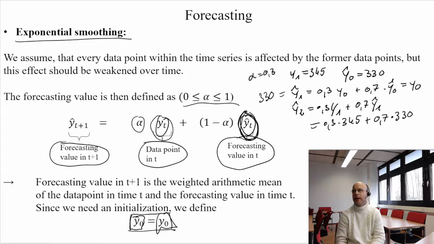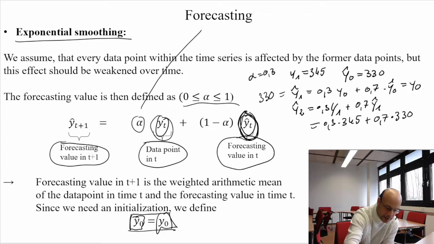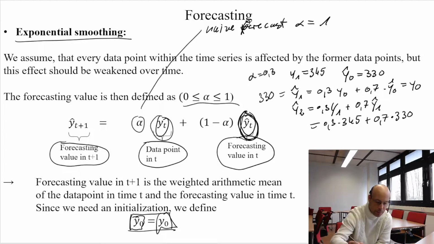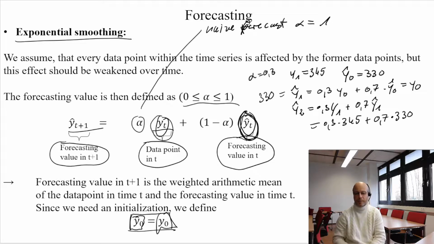And there we also directly see that we incorporate also the naive forecast if we take alpha equals 1, because then of course we would take as the forecasted value the value of the last data point.